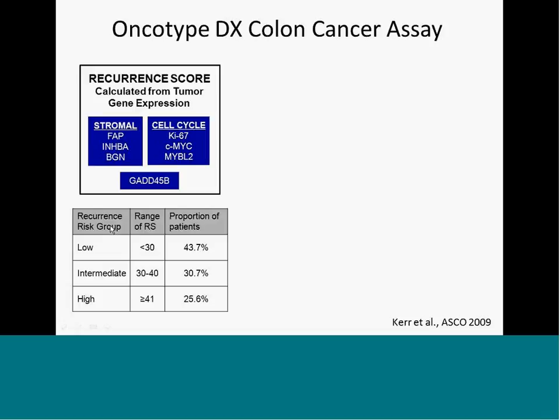And when they calculated the score, they came up with 3 groups: the low group, which has a recurrence score less than 30, intermediate, 30 to 40, and high, greater than 41. When they applied this to the QUASAR study, they saw that 43% of the patients were in the low group, 30.7% of patients were in the intermediate, and 25% were in the high group.